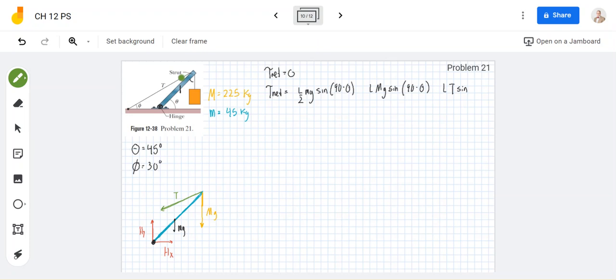It's this angle right here, and it is not obvious what that angle is. I'm going to call that angle alpha. It's not phi, it's not theta, I'm going to call it alpha.